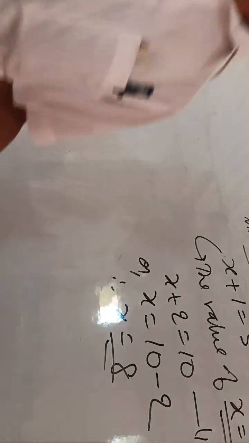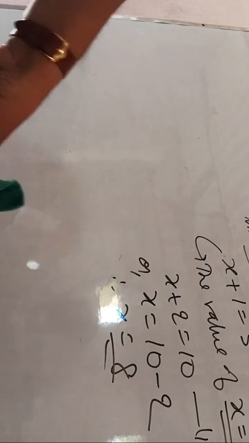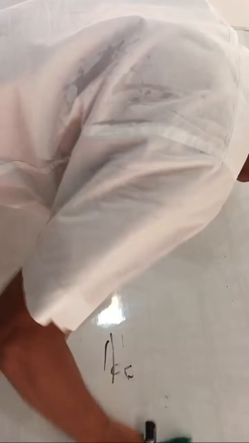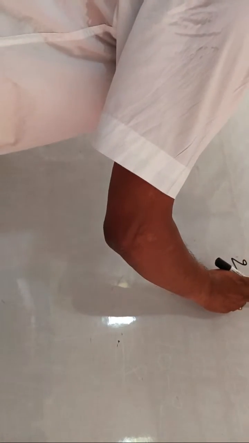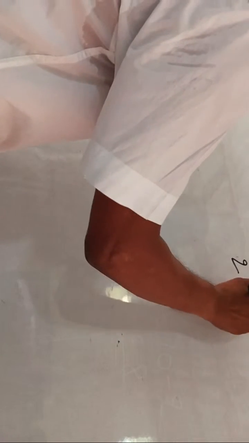Suppose we take different values of x and y in an equation x plus y is equal to 5. If the value of x is 2, then what will be the value of y? The value of y will be 3. 2 plus 3 is 5.